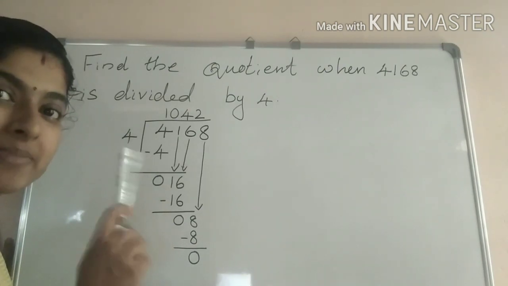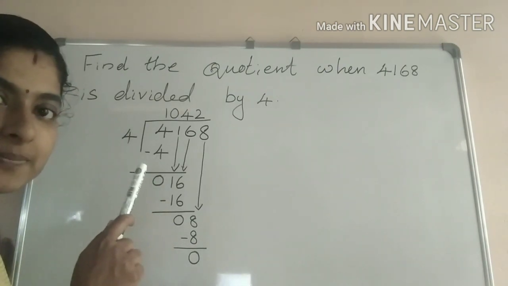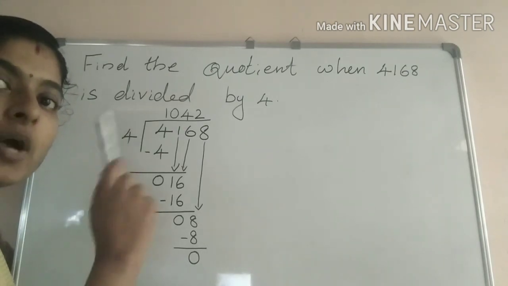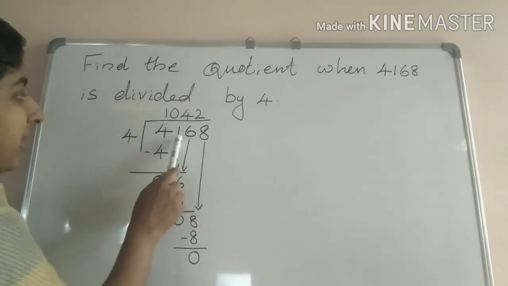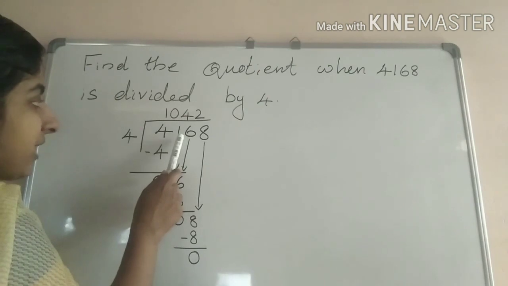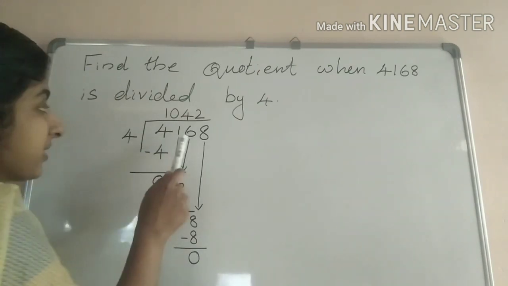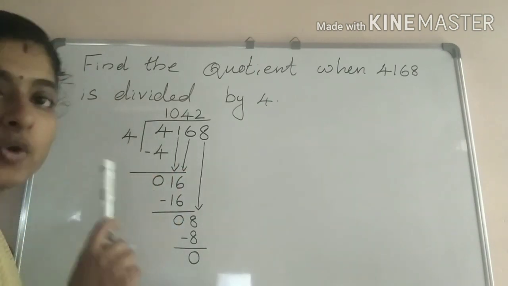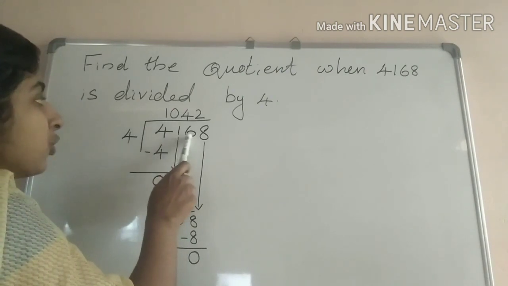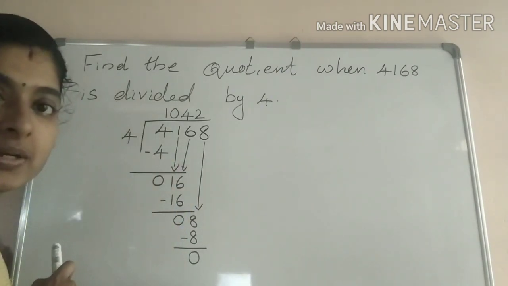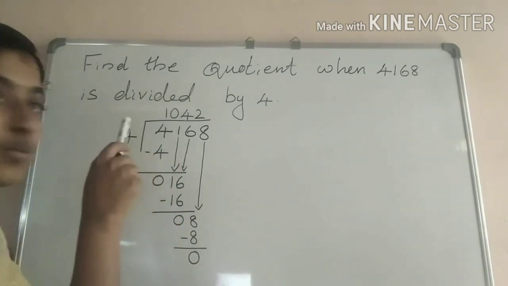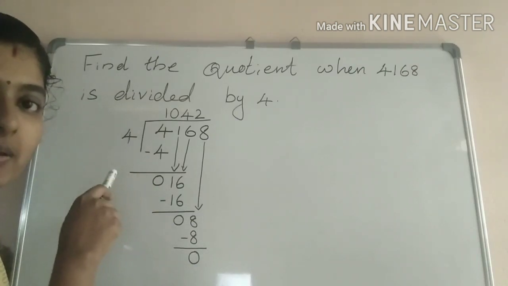That is without regrouping. Here we take two numbers together because this 1 divided by 4 is not possible. So this is with regrouping.